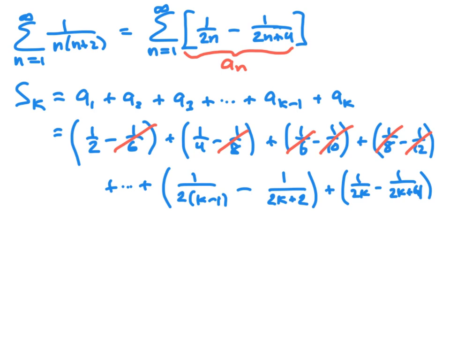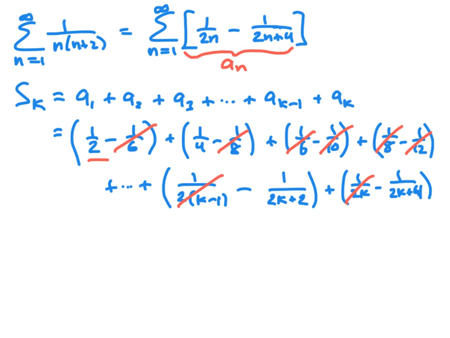Now jumping here to the end, we're observing that all of the positive terms in each of these summands cancel with the negative term from two terms earlier. And so 1 over 2 times k minus 1 will cancel with the term being subtracted in two summands earlier in our sum. And likewise, 1 over 2k will cancel with the negative 1 over 2k, which appears two terms prior in our partial sum.